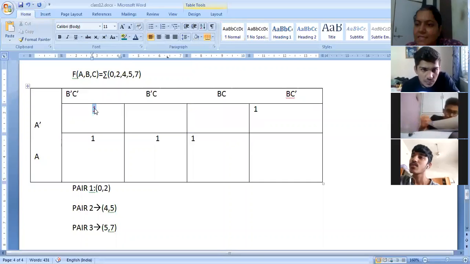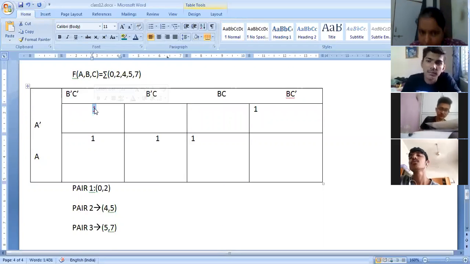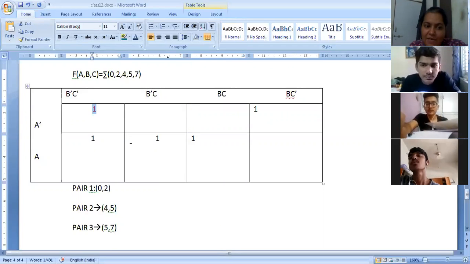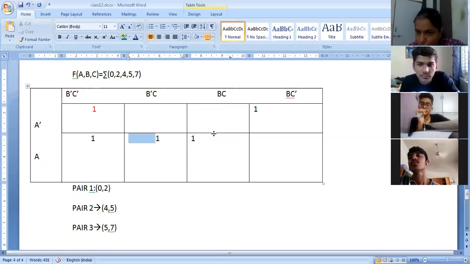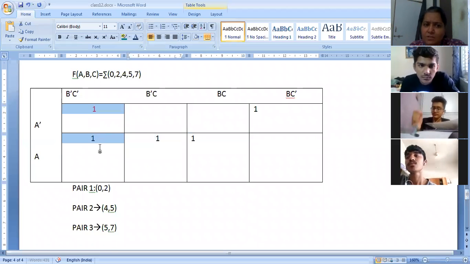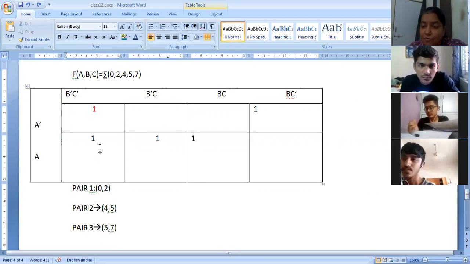I'm not able to draw because I don't have that pencil feature in Word, but do you understand what I'm trying to say? These two. But here we need 4 pairs, no, 1, 2, 3. So this combination is best that we have selected.